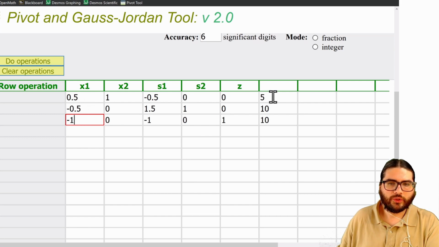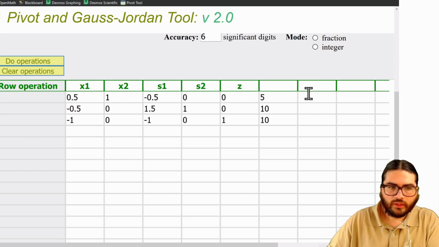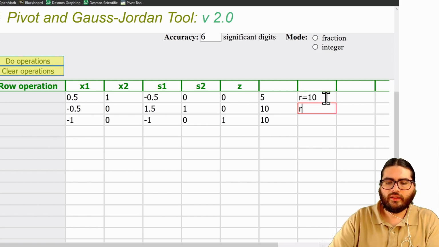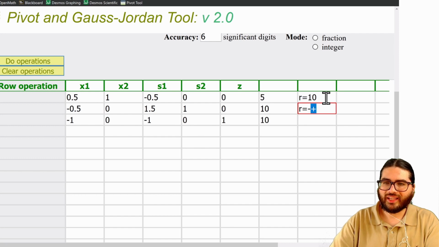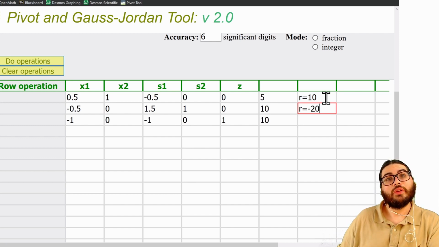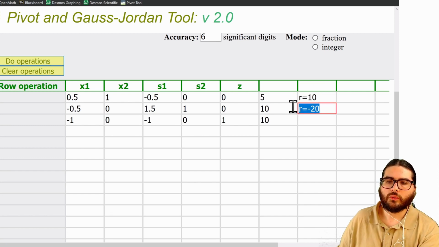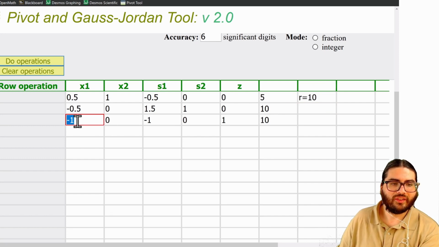See, this ratio is 5 divided by 0.5, so that ratio is equal to 10. And this ratio is 10 divided by -0.5, that's -20. You're not allowed to pivot on a negative ratio, so that gives me one choice and only one choice. Entering is x1.